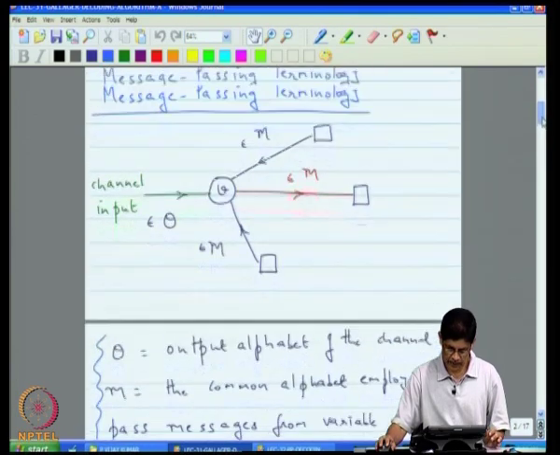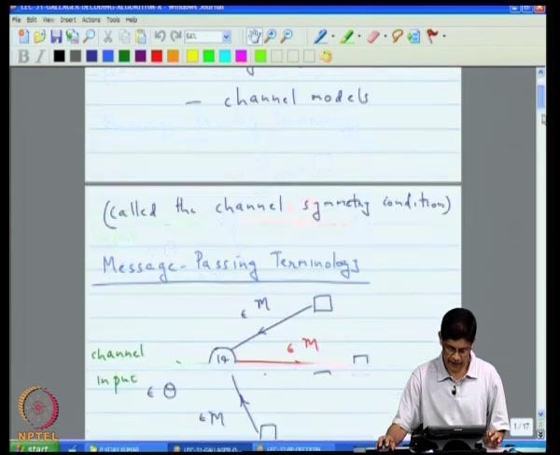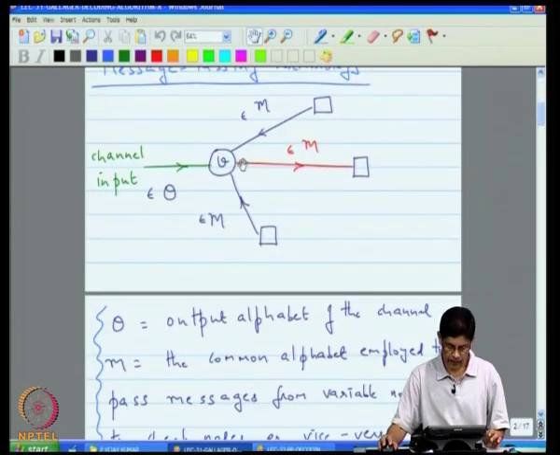Just to remind you how our iterations go: we initially send messages from a variable node to a check node, and at that point we start our iterations. The first iteration begins at a check node, goes to the variable node and comes back. The second iteration does the same. So the iterations originate in a sense at the check nodes, and there is a 0th iteration in which a message goes out from a variable node to a check node. So that is our terminology.